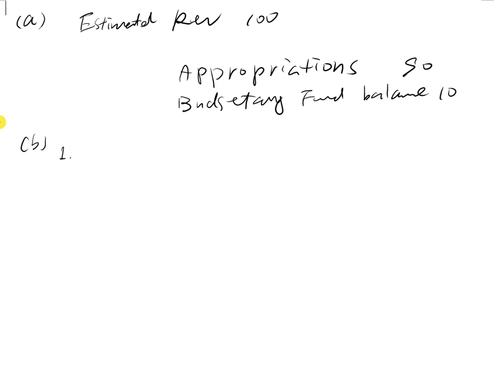So if it collects fees, it increases revenue, so we debit cash, for example, 100. Maybe more. Let's say 120. Then credit revenue, 120. So it collected more revenue than it had expected.